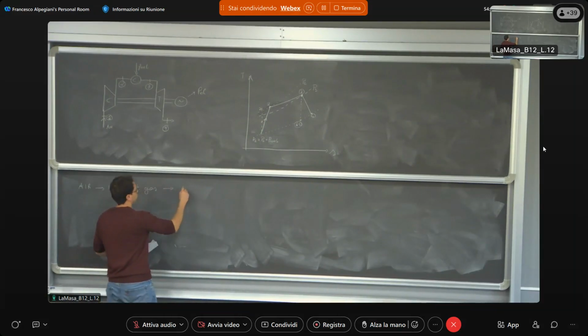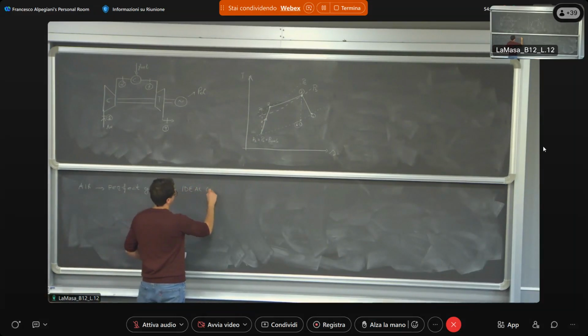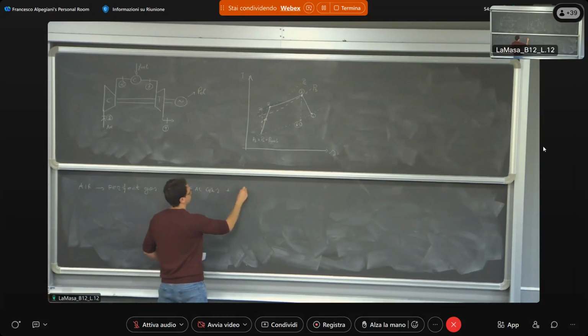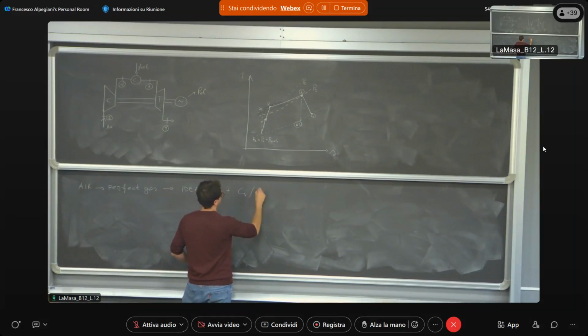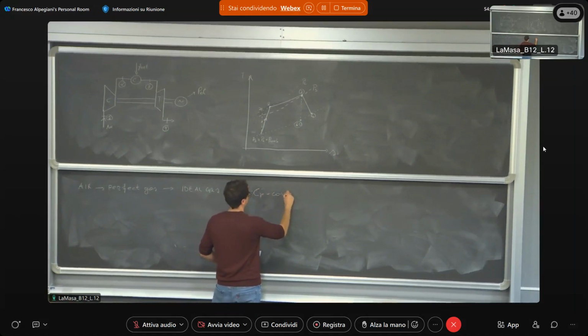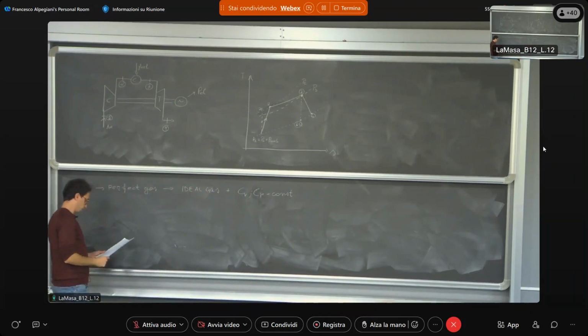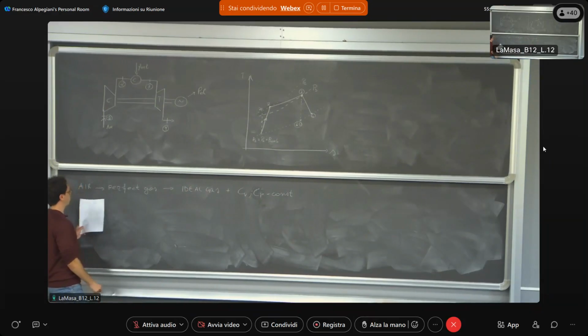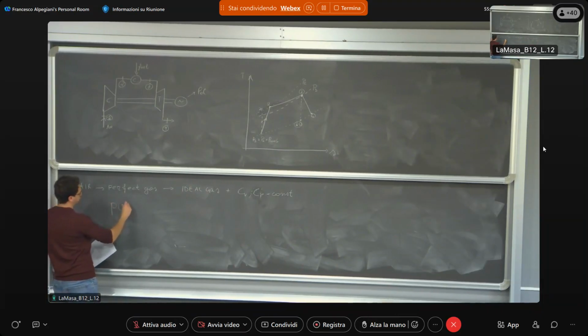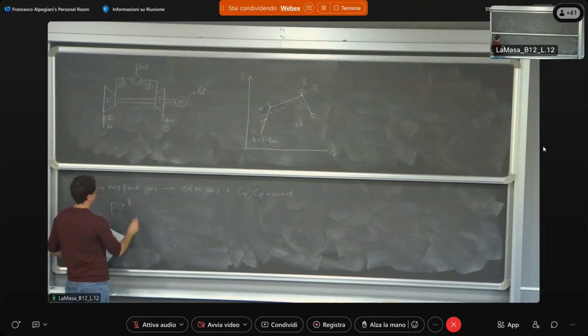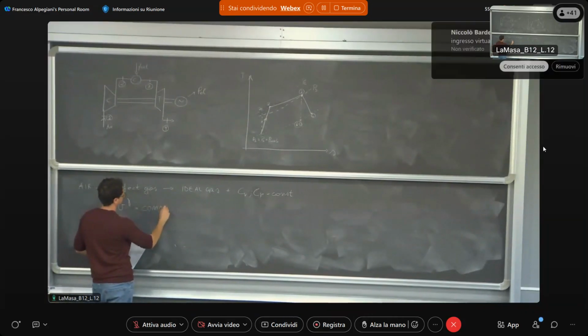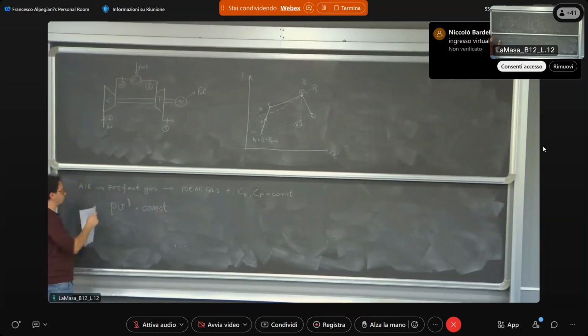So ideal gas, in this case, we can write that since we have a perfect gas, the relation PV to the power of gamma is equal to a constant. This is a relation that is valid for perfect gas.